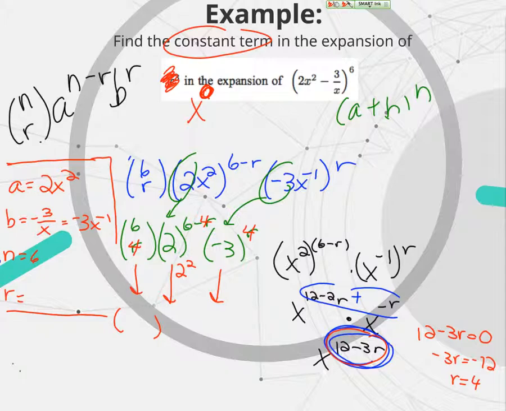So 6 above 4 is 15, right? And then 2 squared is 4. And negative 3 to the 4th power is positive 81. And then if I multiply that, I'm going to have 60 times 81, which I think is 4,860.